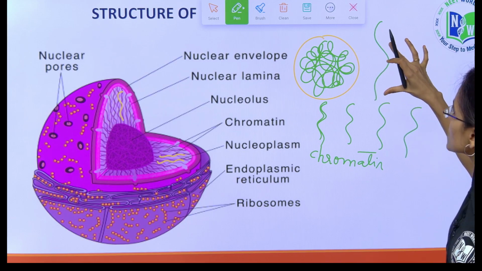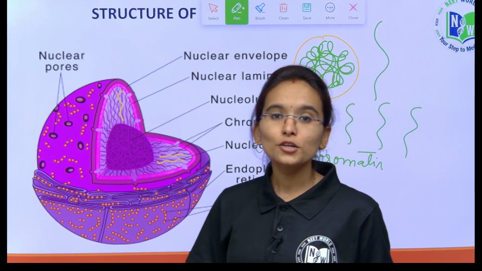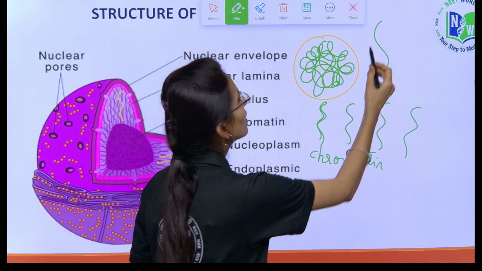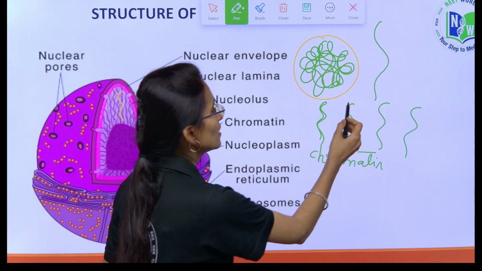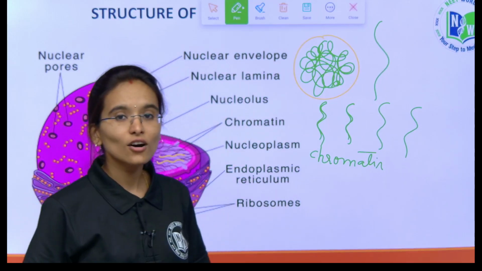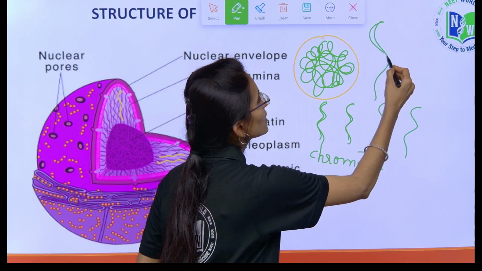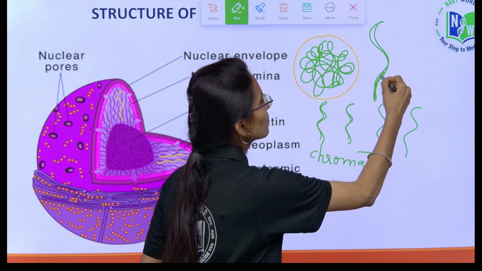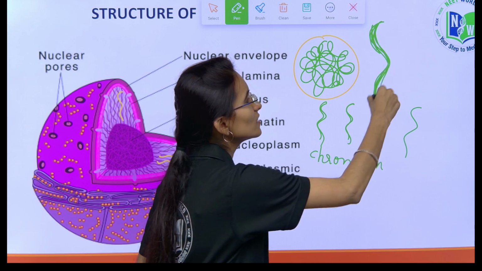Okay, so this chromatin structure is going to become thick. Usually in the starting time it is in thin structures, but later on when it is involved in cell division, it will form thick structures.